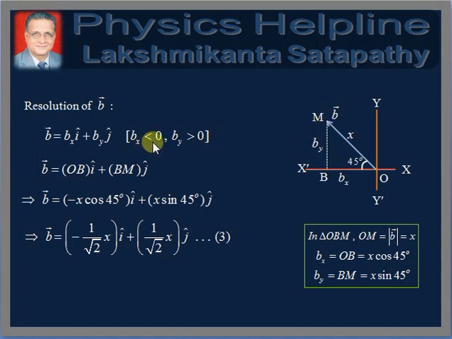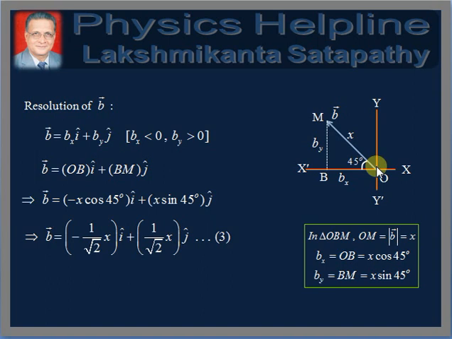Therefore we write Bx is less than 0 and By is greater than 0. Again, OB is its x component, which is equal to Bx, and BM is equal to its y component By. Therefore we write vector B is equal to OB into i cap plus BM into j cap.